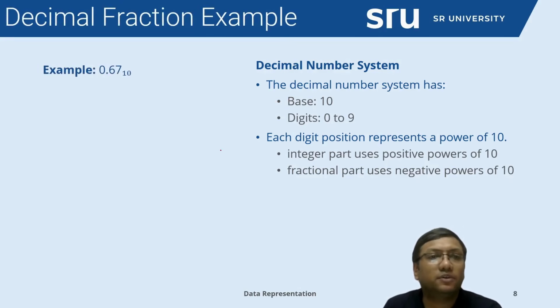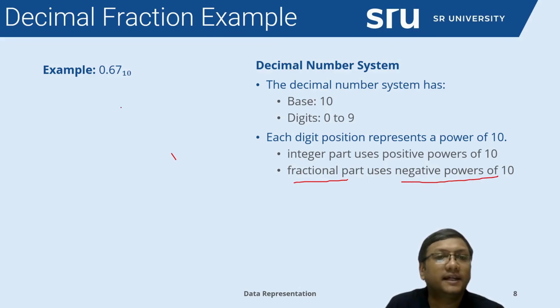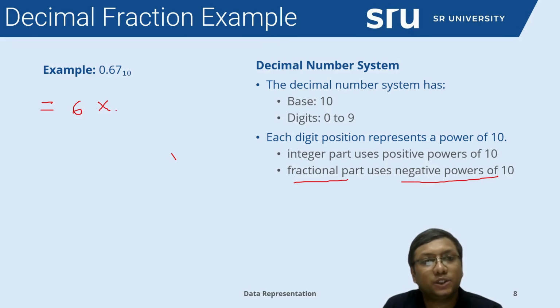Now what about a decimal fraction? Decimal fraction means the fraction part will be using negative powers of 10. So 0.67 means 6 into 10 to the power minus 1 plus 7 into 10 to the power minus 2.